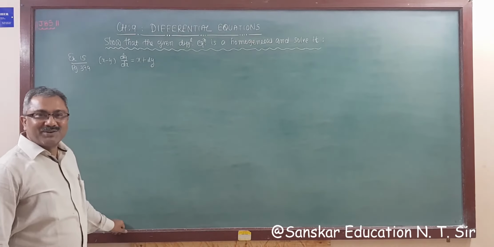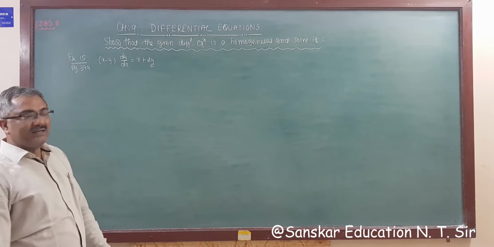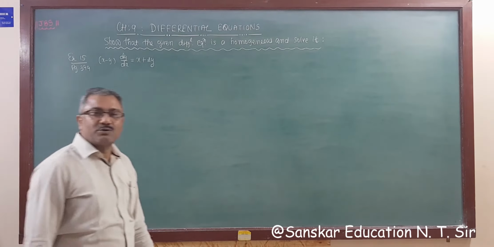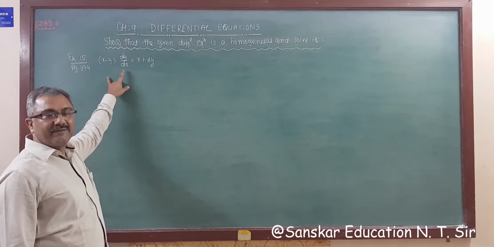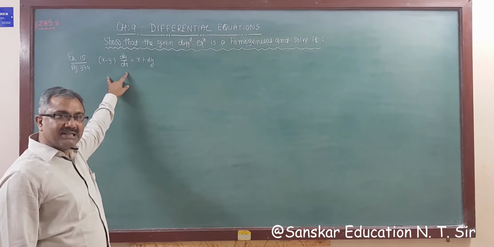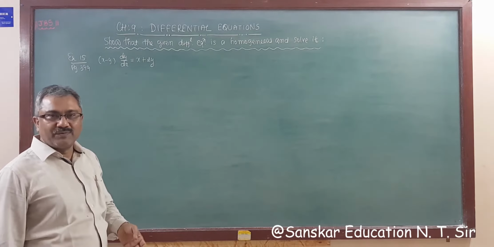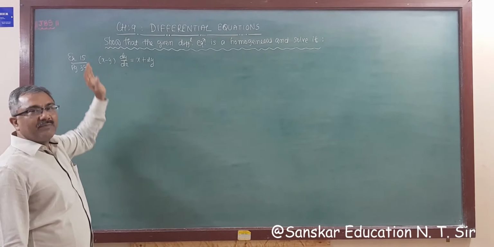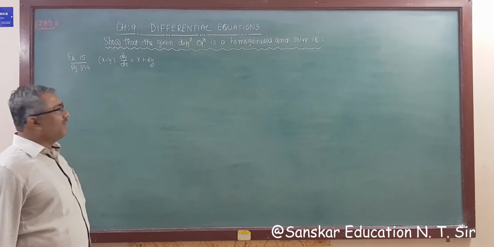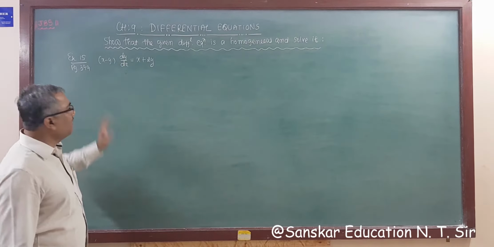Now proceeding further for solving a differential equation of homogeneous type, right? The given instruction is that we have to prove that this given differential equation is homogeneous, and then we have to solve it. As you know, first of all we have to express this in dy by dx form, or dx by dy, but it is a very simple question, so we express it in dy by dx form.